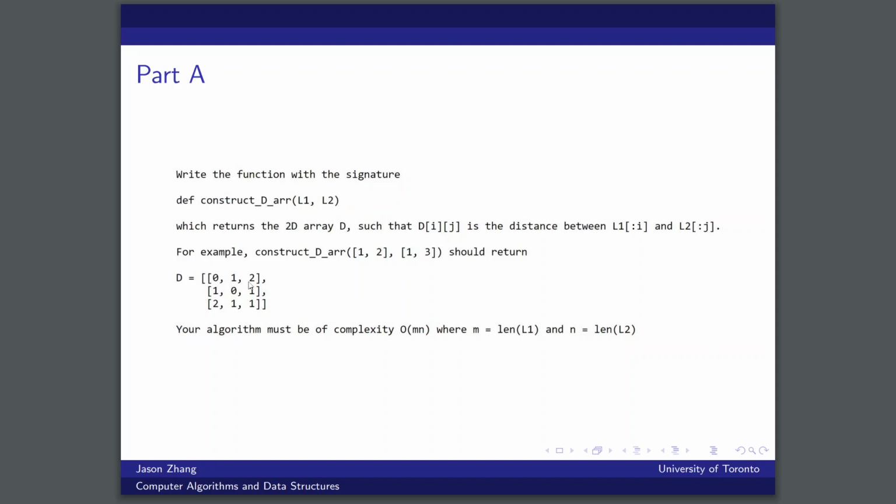So they give an example of a use case, and we want our algorithm to be of complexity O of m times n, where m is the length of L1 and n is the length of L2. This basically means that we want to traverse each element in the array and fill it in that way.